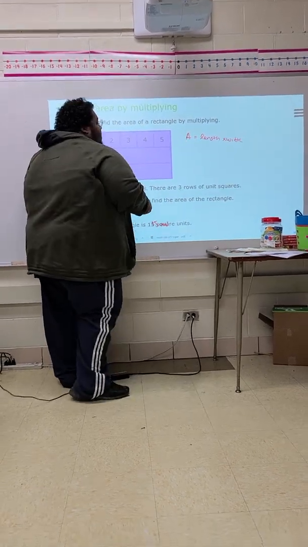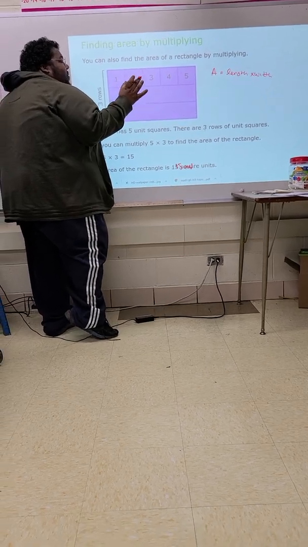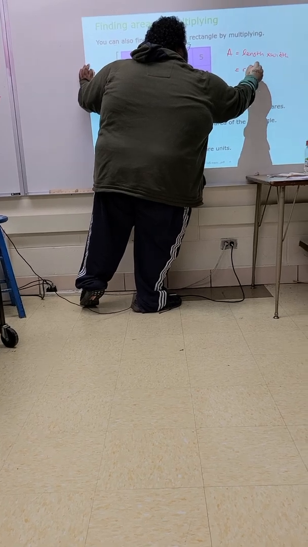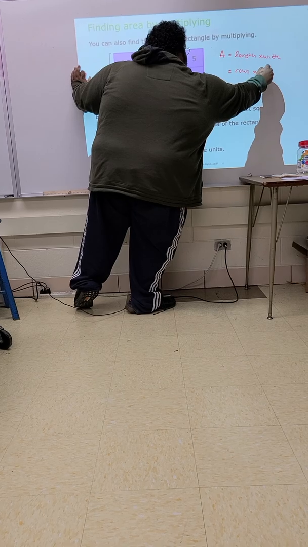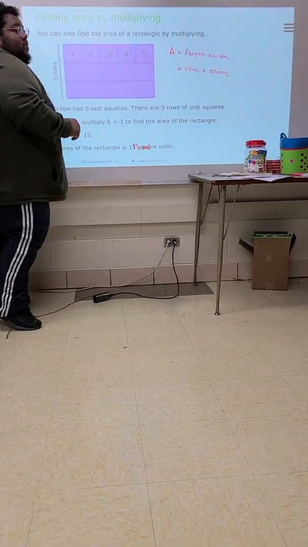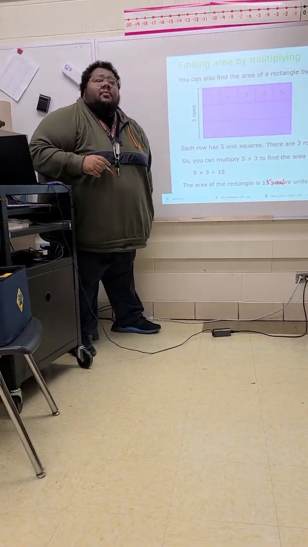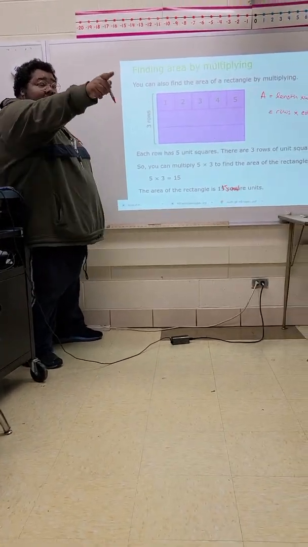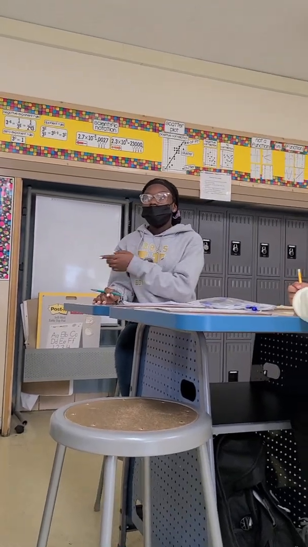And the way to find the length is to find the rows. I like to call them columns. What's a row? A row, like ducks in a row. Something that goes horizontally.